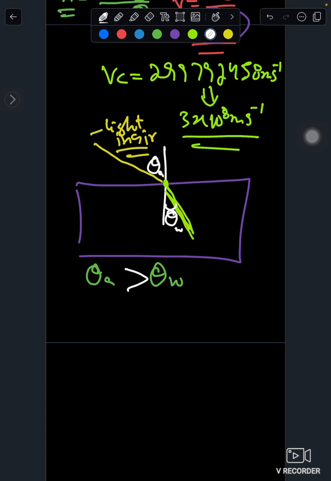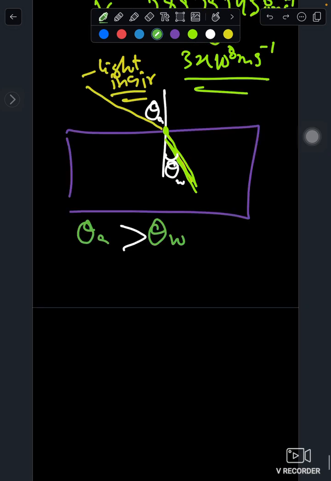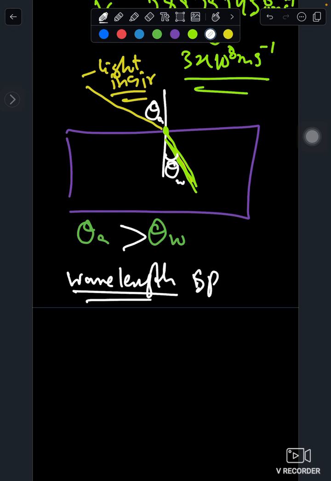If there's a change of speed of light, there will be a change of direction. Since it was first going like this, and then it curved towards the normal, it also changed direction. One more thing here, wavelength will change and speed will change.